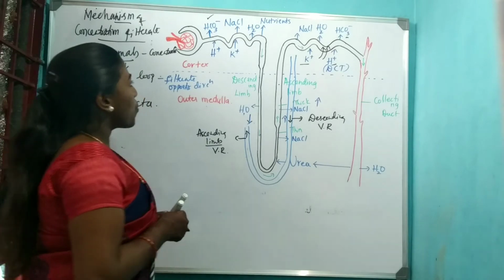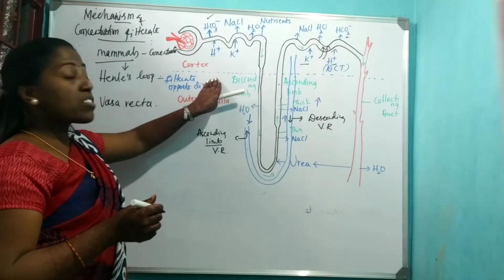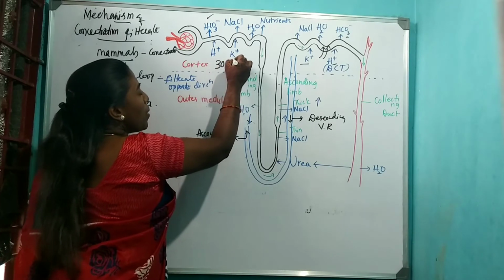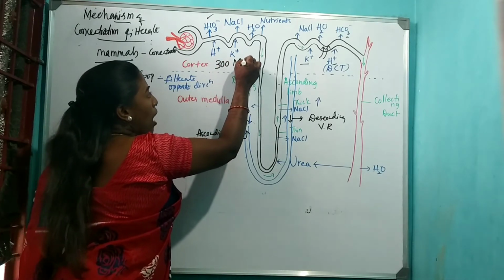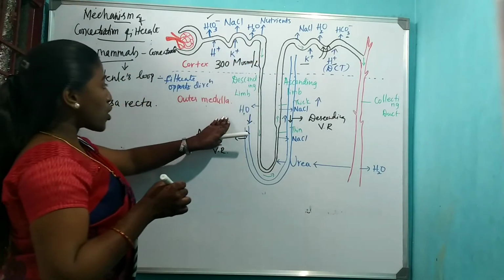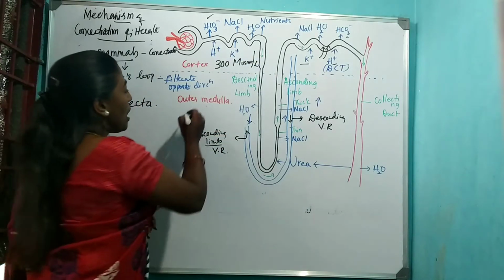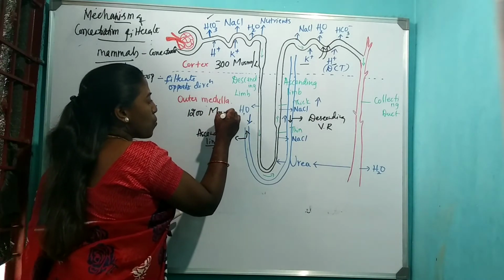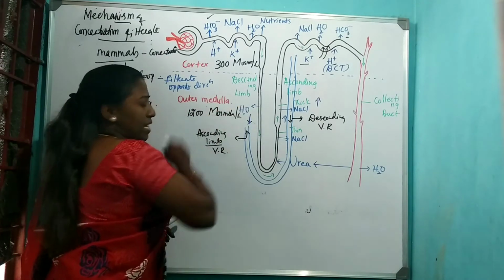This helps in maintaining high osmolarity. In the cortex region you will find around 300 milliosmoles per liter, and in the medulla around 1200 milliosmoles per liter.